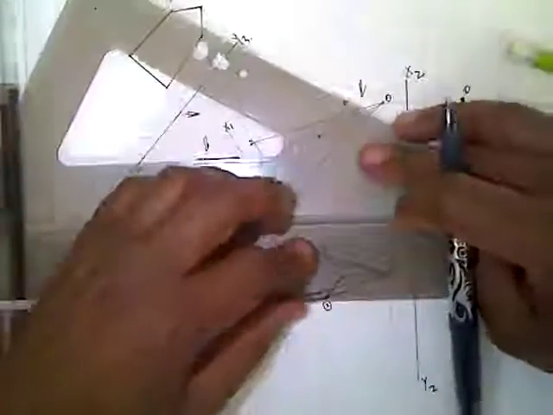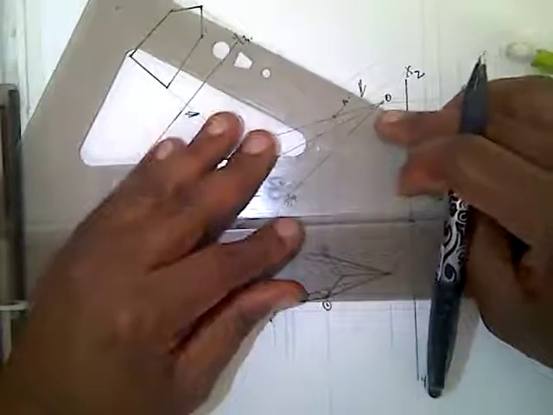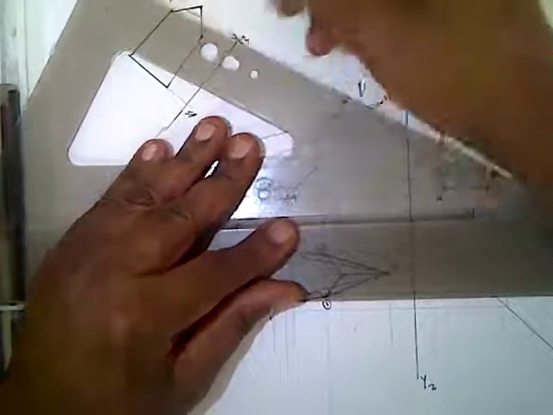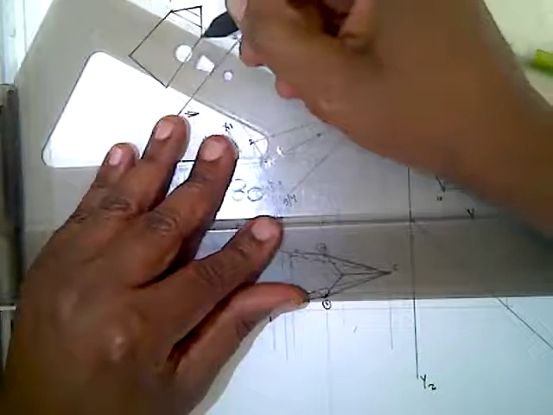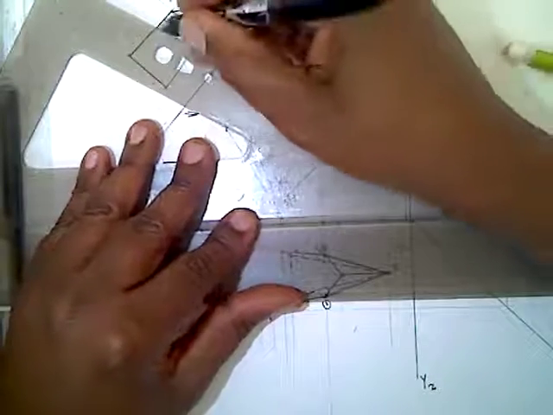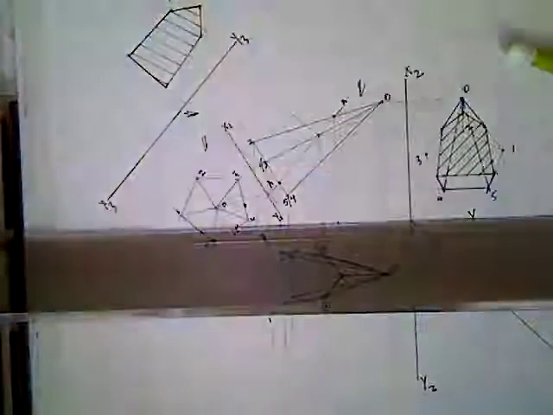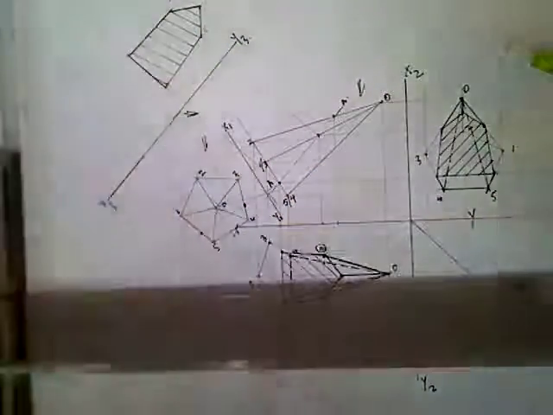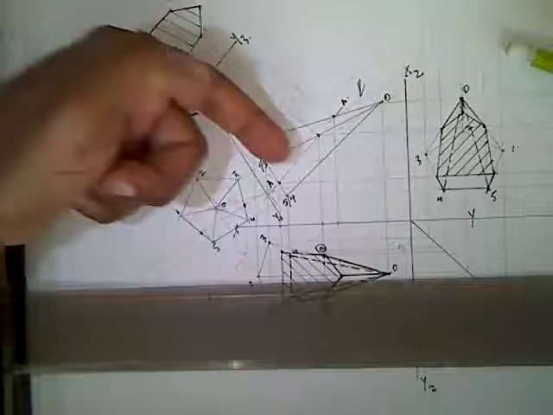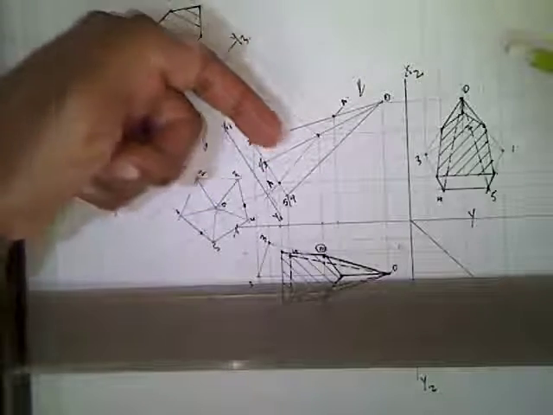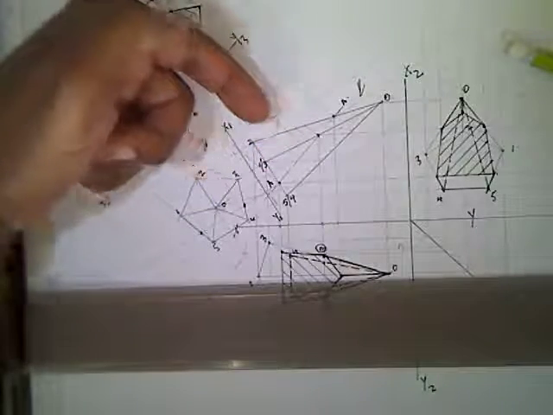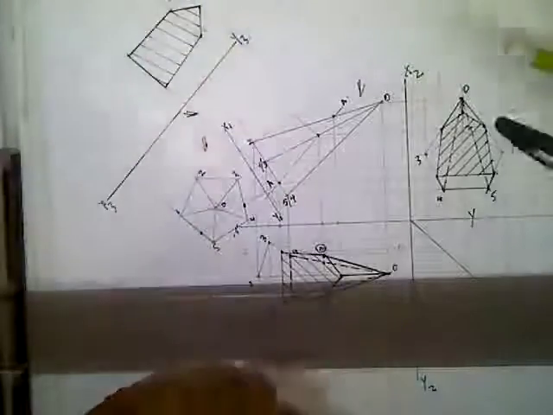This way I will use another. This is the true shape. We are looking at it directly on that side, looking at the true shape.